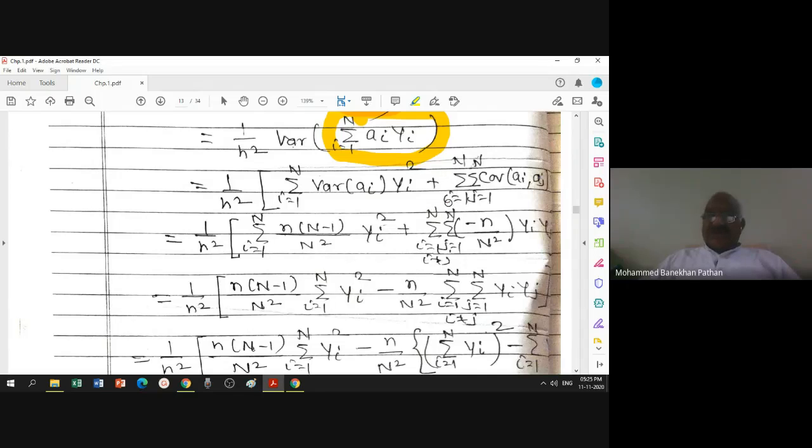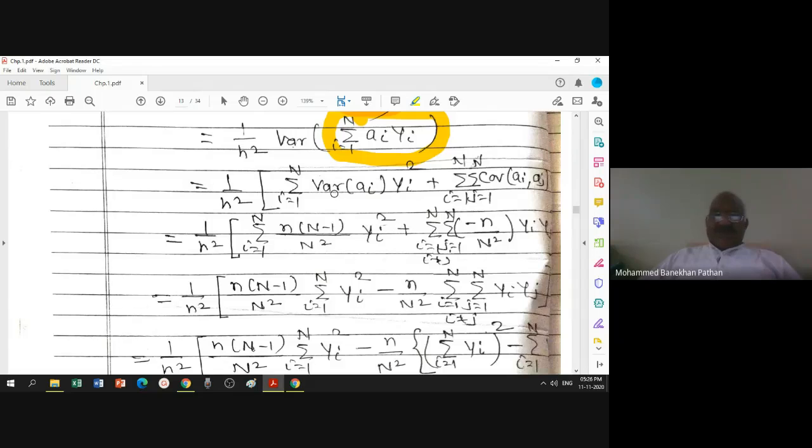This 2 has gone into this summation, i not equal to j. That means variance of x plus y is variance x plus variance y plus covariance xy plus covariance yx. That means the 2 is written separately in addition form. For i not equal to j, 1,2 and 2,1 will both be written here. That's why this 2 is dropped.